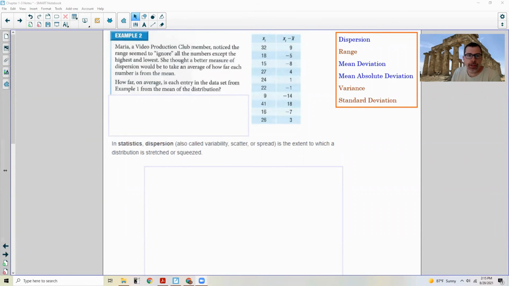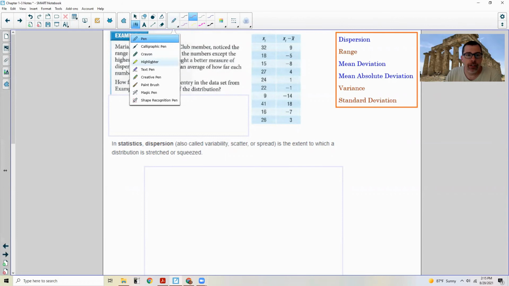Okay, example 2 says, Maria, a video production club member, noticed the range seemed to ignore all the numbers except the highest and lowest, like your extended exercise. Okay. She thought a better measure of dispersion. What is dispersion? There's a word I've never heard, or have I?